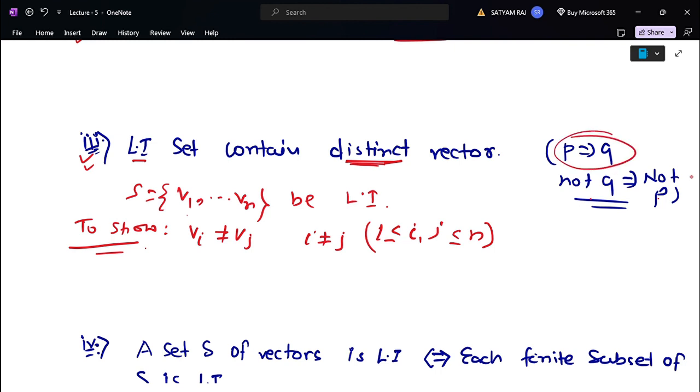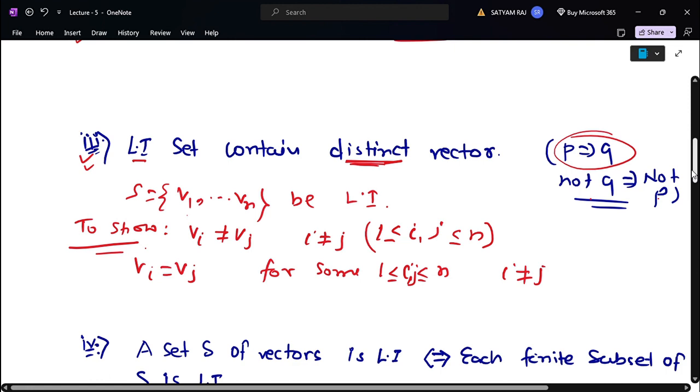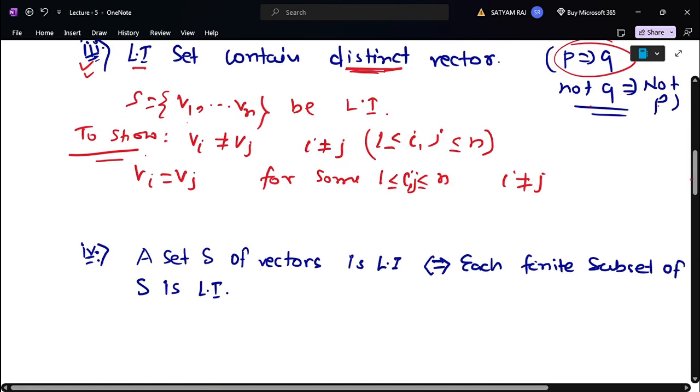So let vi equal vj for some i between 1 and n, and j also in 1 to n, i not equal to j. Now we show this set is linearly dependent.